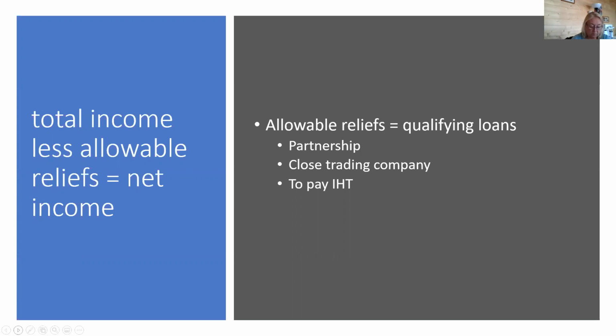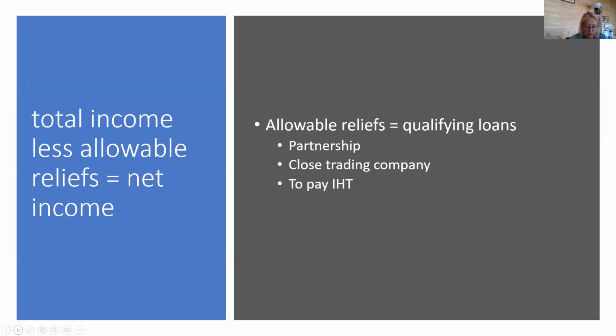for a partnership. So that would be if you borrowed money to actually buy a share in a partnership, to contribute capital towards a partnership, or to make a loan to a partnership, then the interest that you pay on that loan, you can deduct from your total income to reduce it down to your net income.